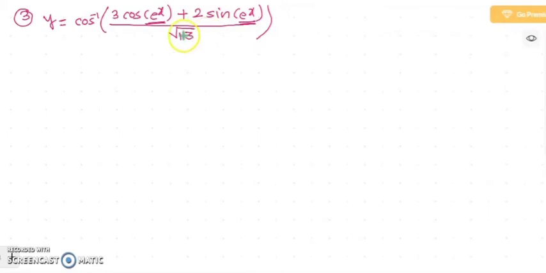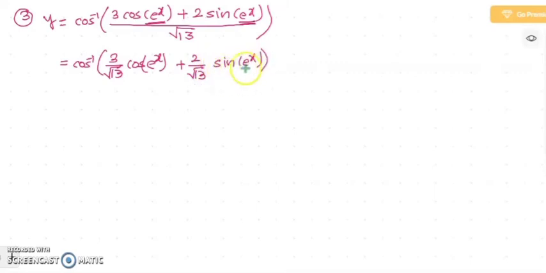So still it doesn't make too much of a difference. I'll solve it in the same manner. So write the steps. I would not explain too much now. It is cos inverse 3 by root 13 into cos of e raised to x plus 2 by root 13 into sine of e raised to x.